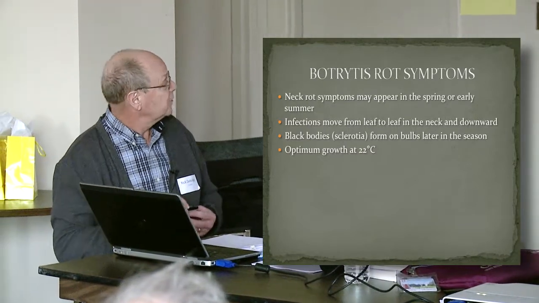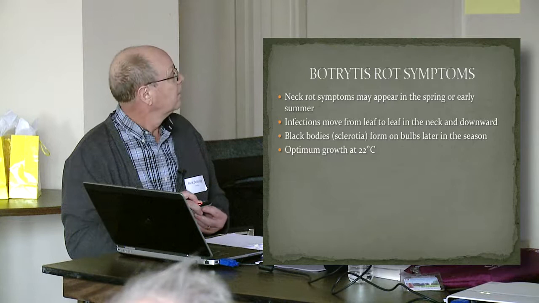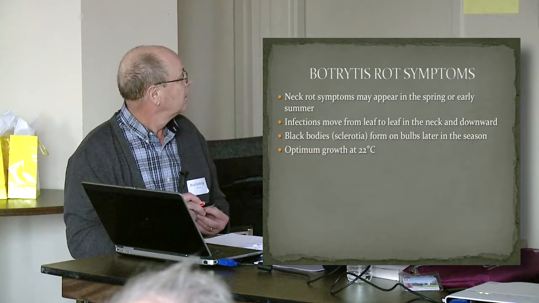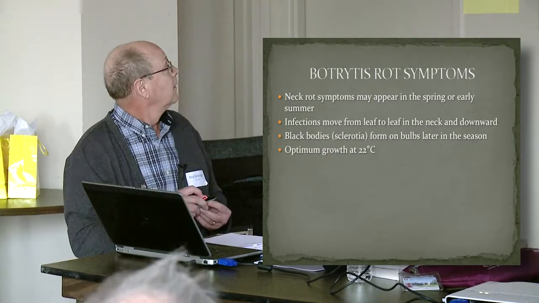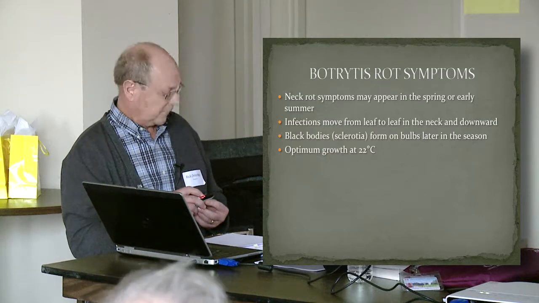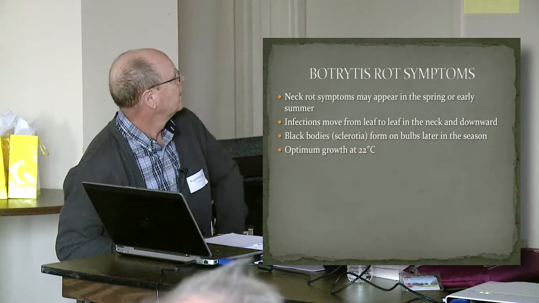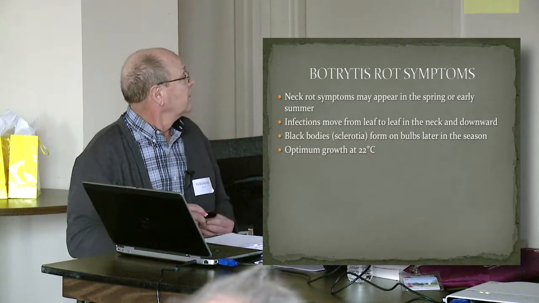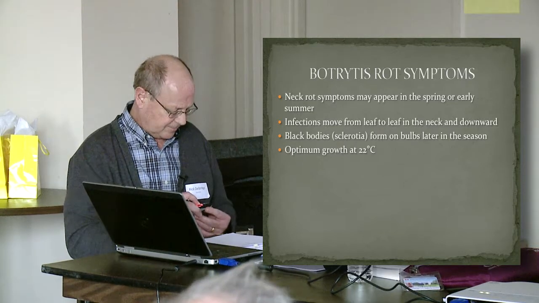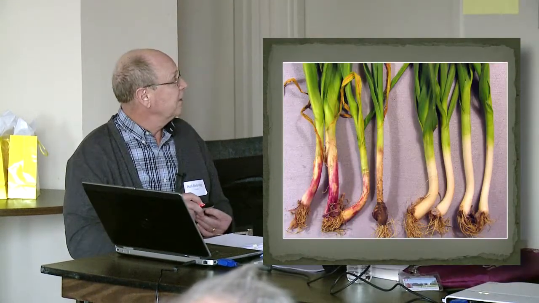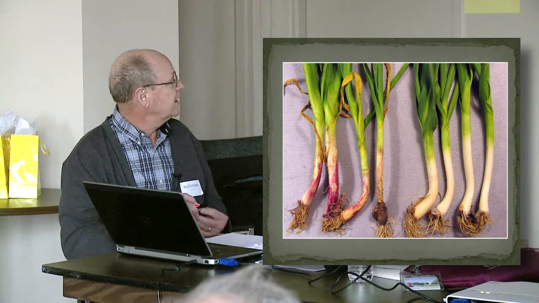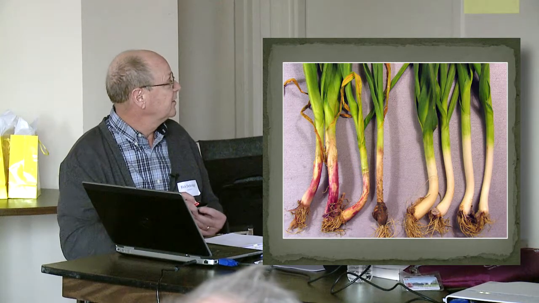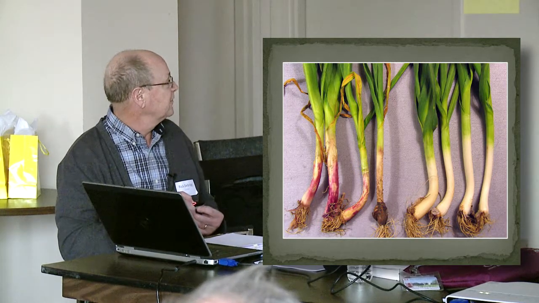Optimum temperatures, 20 degrees or so. So this is, oh shoot, sorry about that. These are healthy garlic on your right-hand side. This is a severely infected bulb with botrytis, and these are less so.